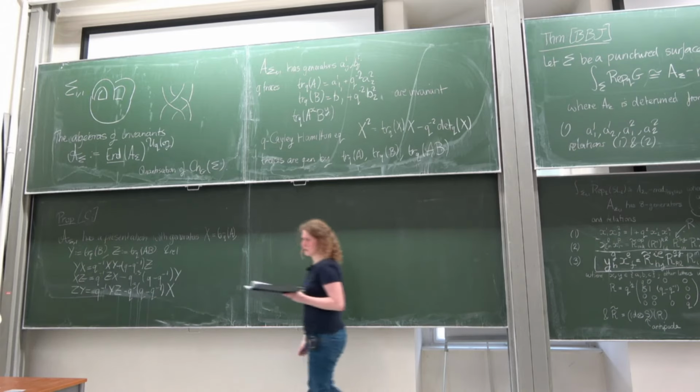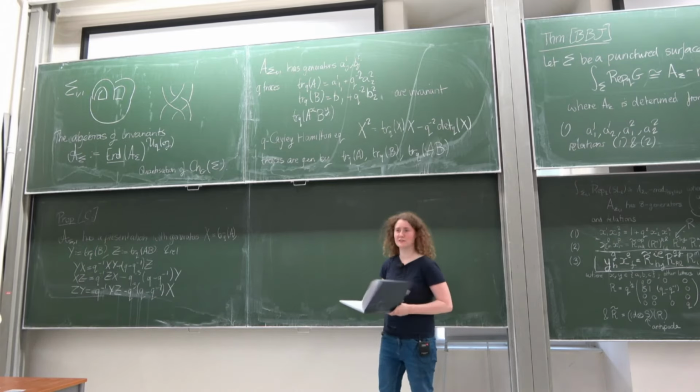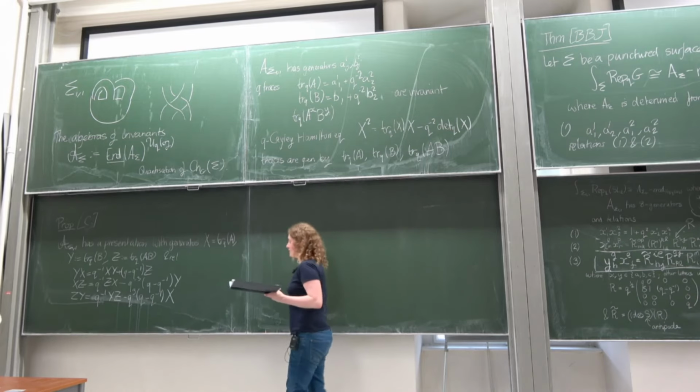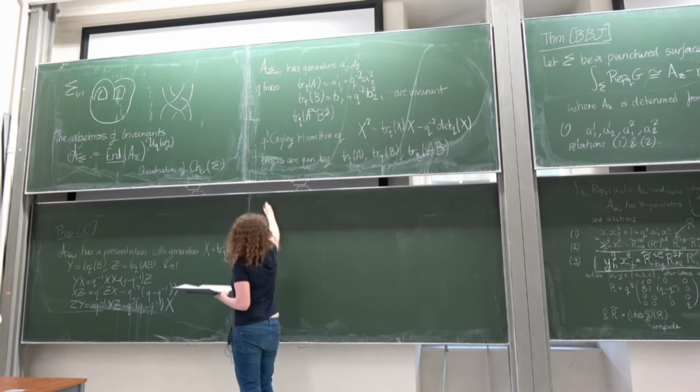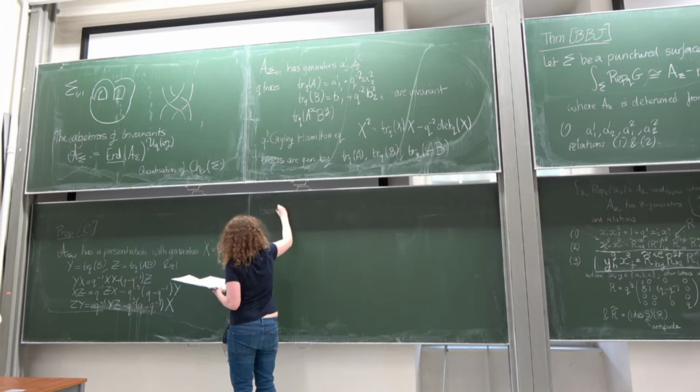And if you squint at this relation and know too much scaling theory, you will notice that these are actually isomorphic. So this is isomorphic. So the corollary of this.